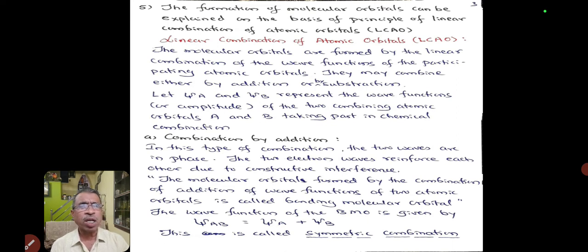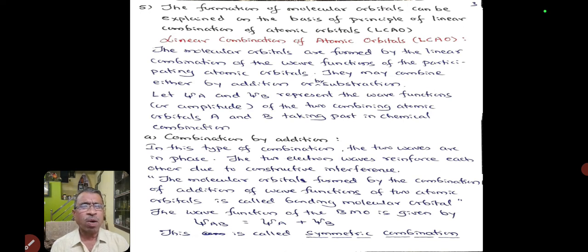This combination results in two ways: one is additive combination, another is subtractive combination. Let us study the first one, combination by addition. In this type of combination, the two waves are in phase. The two electron waves reinforce each other due to constructive interference.